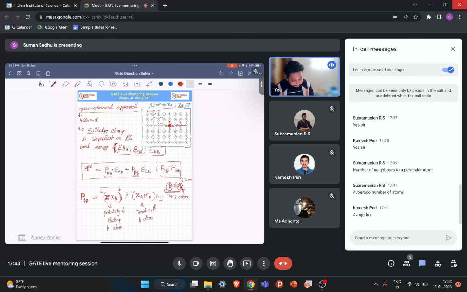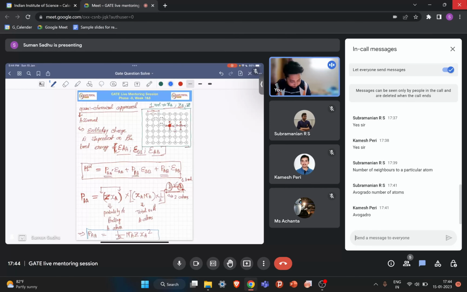Basically this is the total number of A bonds, and this is the probability of finding A atoms nearest to any other A atom. So if you write this, then PAA is equal to half into NaZ XA square. So everyone understood up to this part?